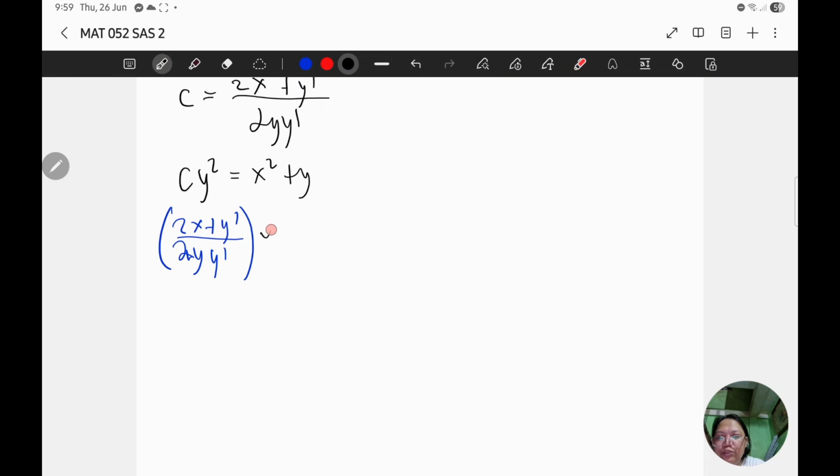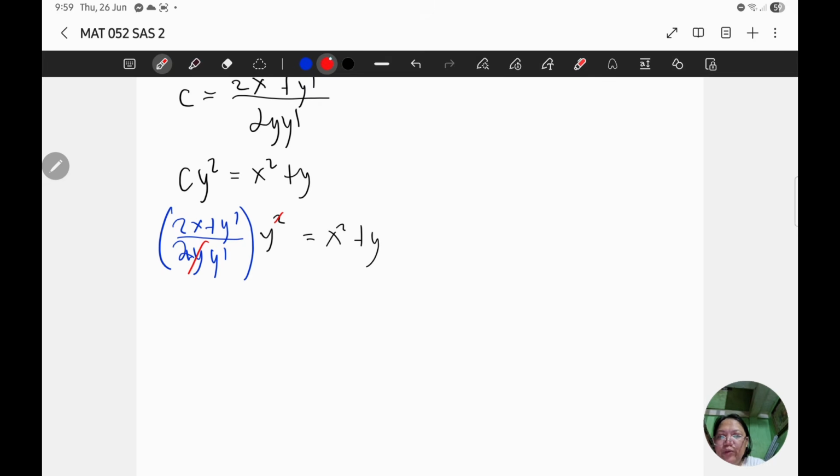Then multiplied by y squared equals x squared plus y. Then y squared over y, cancel 1y, and y in the denominator is cancelled out.